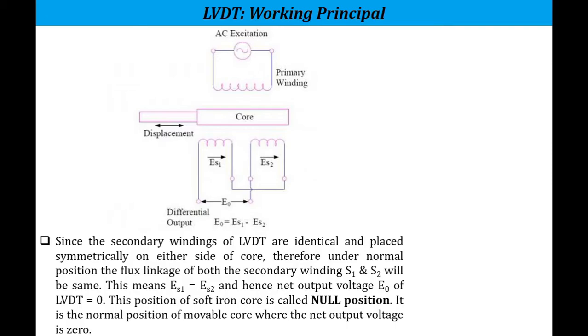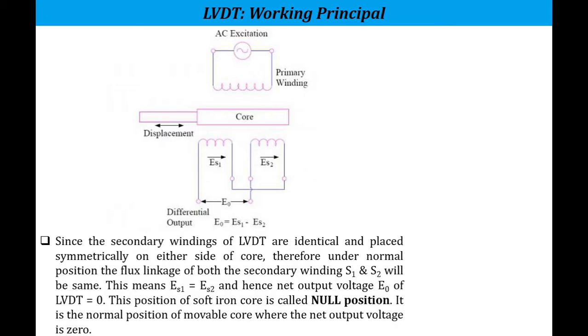So whatever EMF is induced in secondary winding S1 and secondary winding S2 will be the same. Here ES1 equals ES2, and hence the net output E0 of the LVDT equals 0, because E0 equals ES1 minus ES2. As ES1 and ES2 are the same, the net output voltage will be 0.